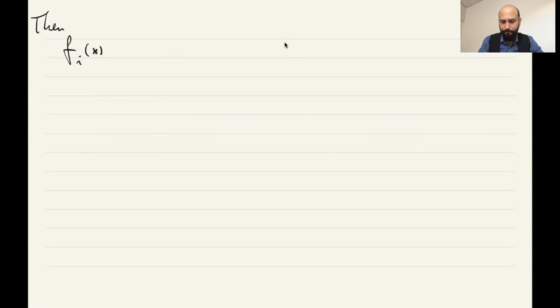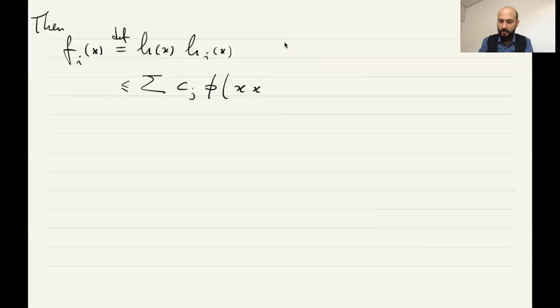Suppose we have, okay, then we have this bound. Let's bound now the function f with respect to phi. So we can bound like this. fi(x). Okay, now by the definition of hi, this is h(x) times hi(x). And now these are all positive numbers, and I have the bound for h, so this is Cj phi(x xj^-1) hi(x). Okay, then we use the equation star.